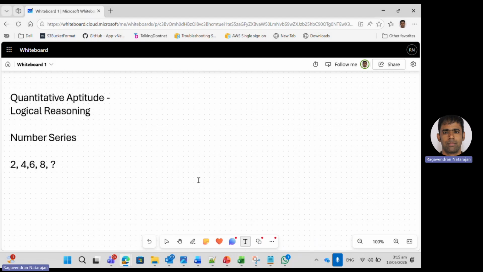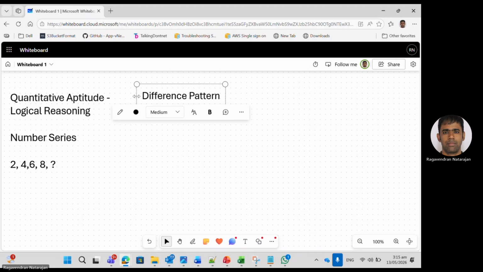First pattern, difference pattern. What's a difference pattern? I will write the same sequence and find the next number.